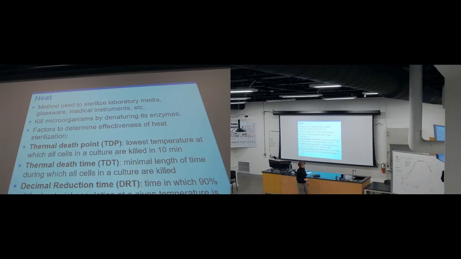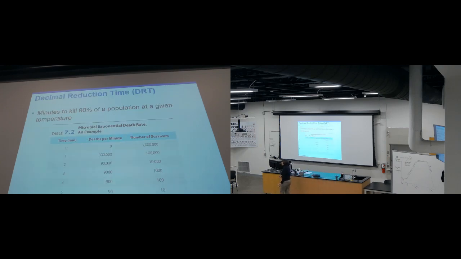DRT is typically measured per minute. It's when you have a 90% reduction of the bacterial population, but it can be less or more than that as long as it's 90%.